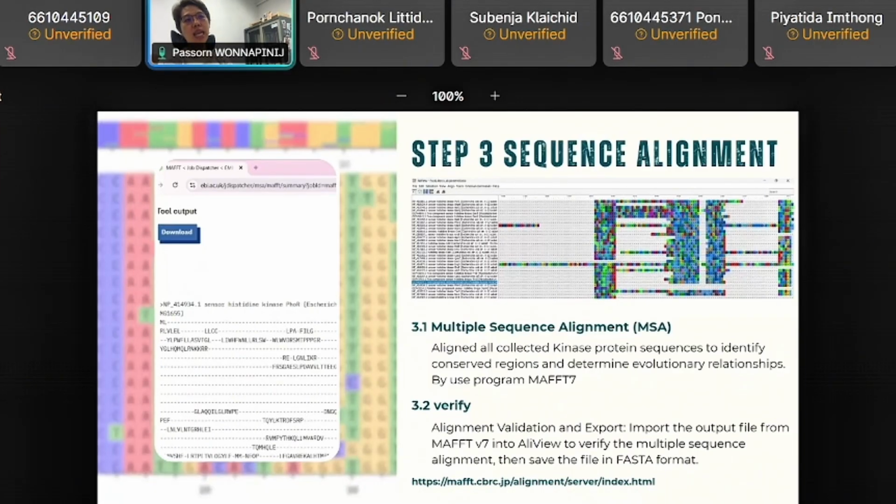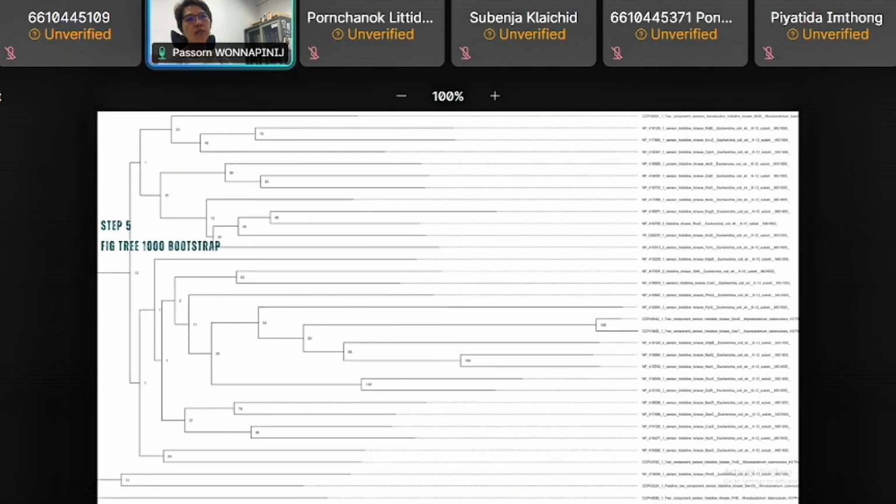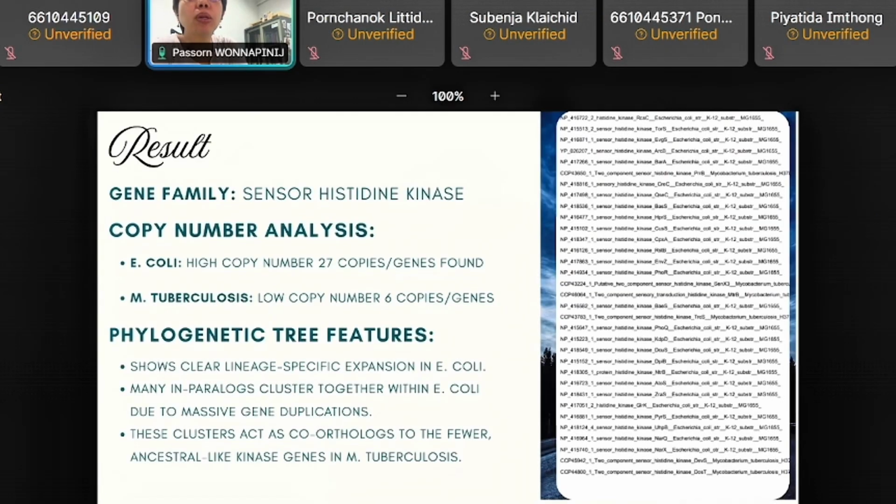Well, if you take a look at the names, go back to the phylogeny, the letters are very small for me. So they are simply histidine kinase, sensor histidine kinase, two component sensor histidine kinase. You also have putative two component sensor histidine kinase.